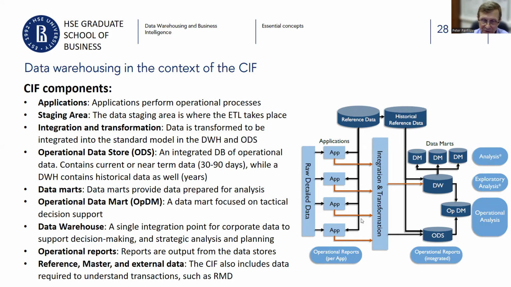Data flows into our data warehouse from application systems and from the operational data store. And data from the data warehouse can be used by data marts for analytics, and all these applications to the right: operational analysis, exploratory analysis, or just data analysis for a specific department, etc. So this is what we have on this diagram.